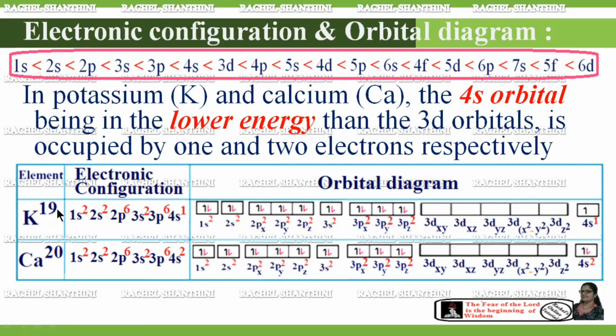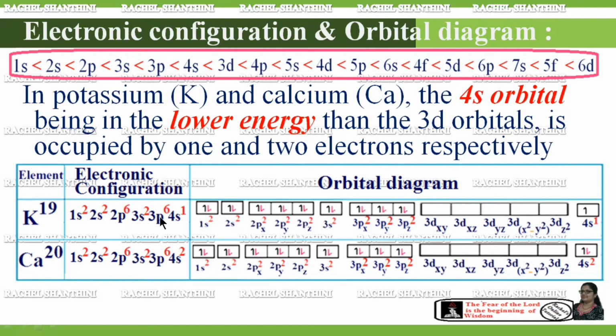Right? Now, coming to the number of electrons. How many electrons do we have? 19 electrons. So we need to fill all the 19 electrons in these suborbitals, right? So 1s2, 2s2. When coming to 2p orbital, it could accommodate how many electrons? 6 electrons. Coming to s orbital, again 2. Coming to p orbital, again 6. Now, 2 plus 2 plus 6 plus 2 plus 6.